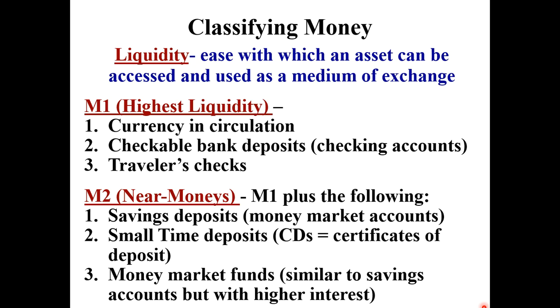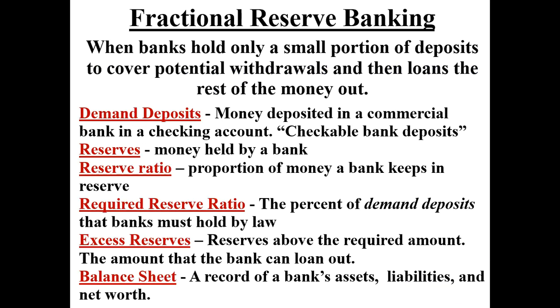You can't buy things at the store from your savings account. First thing you got to do is transfer it into your checking account, and then you can buy something at the store. So these are near money. They are a little bit more difficult to use. They're a little less liquid than M1 currency, but M2 includes M1 and these other three types of money that we just talked about.